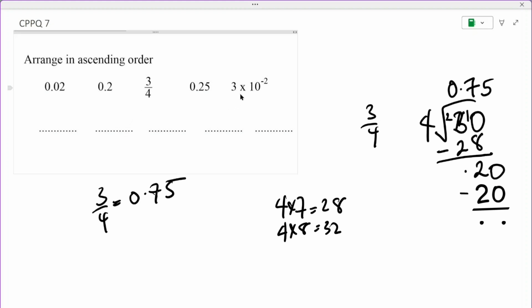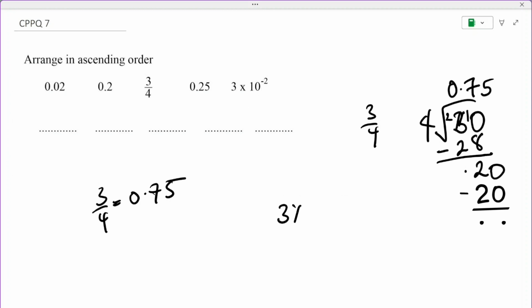We have a standard form, that's 3 times 10 raised to the power minus 2. We convert it to decimal also. It's the same thing as having your decimal at the back of 3. Since you have negative 2, you move it 2 times to the left.